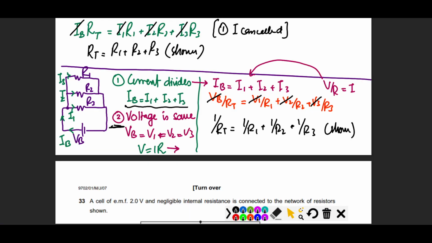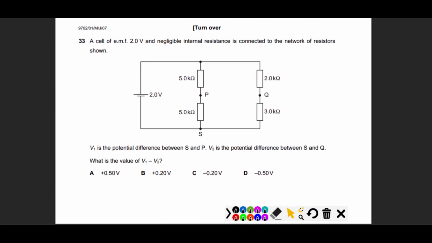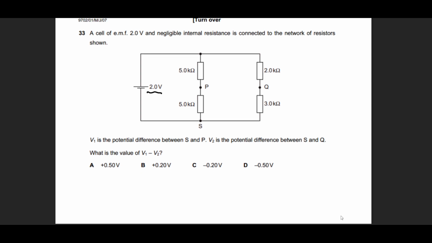Okay. So even in the simulation, we can see that the rules that we start with are actually being implemented. All right. So moving on to this question, let's see what happens. In this question, he says that the 2 volts voltage is being supplied, and this is the circuit that looks like. The one thing that is confusing about this question is that he uses the letters and labels them as V1 and V2. So let's see where those voltmeters are connected.